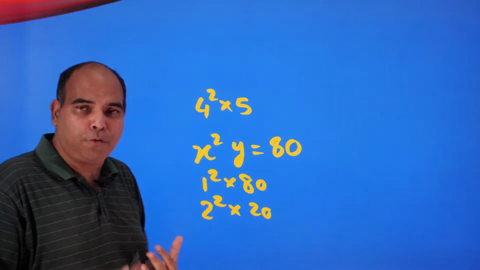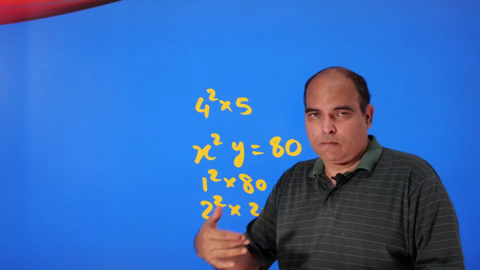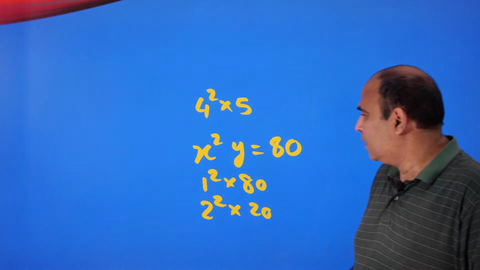So if the problem forces me, then I'll go into those fractions, but my first focus is to look at these integers, right? Of course 8 square, 9 square के बाद तो work नहीं करेगा. It will be limited at 8 square, the value of x.